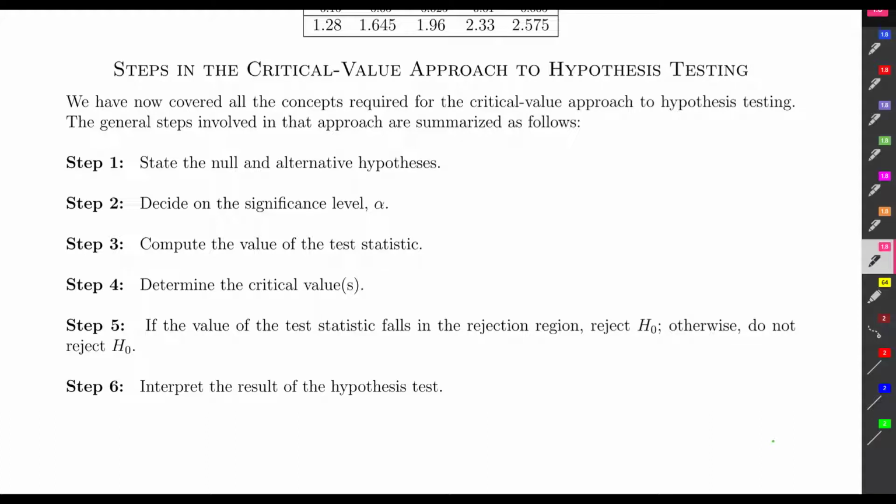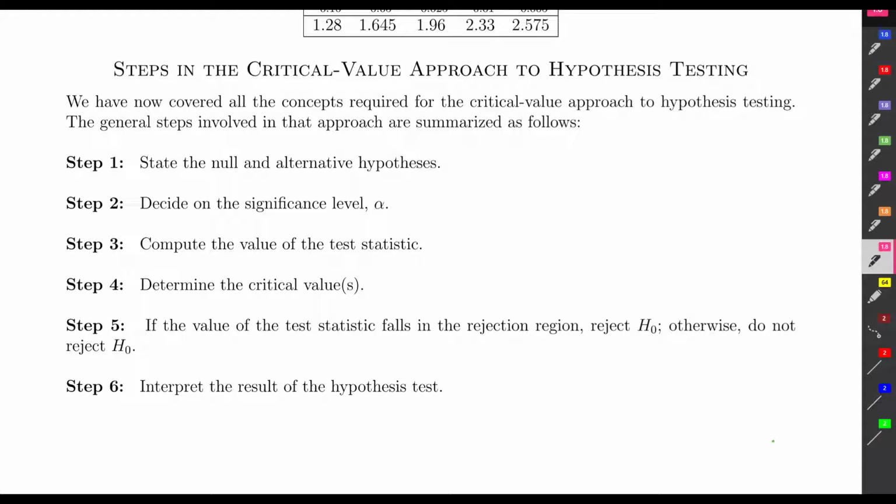And then for part 5, you would actually use the sample data, or in this case the sample mean, substitute it into your z equation, and then decide which side of the normal curve it falls on. If it's a left-tailed test, does it fall to the left of the critical value?